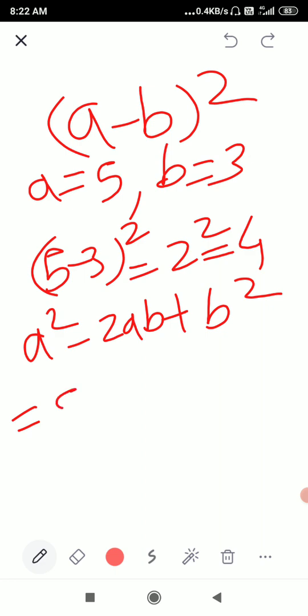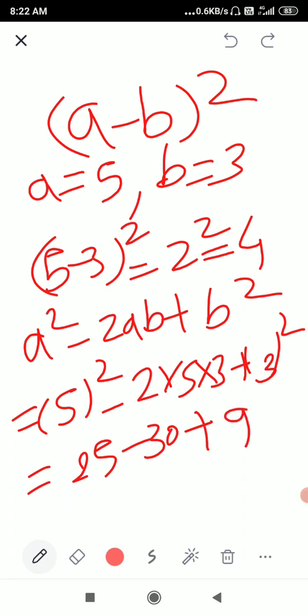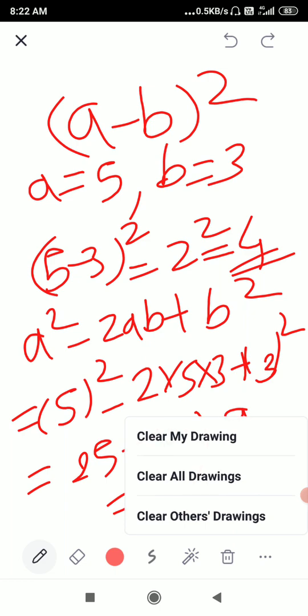So a square means 5 square, minus 2ab means 5 into 3, plus b square means 3 square. This is 25 minus 30 plus 9, which is 4. So this is also correct for a minus b bracket square. Now by using this you have to solve practice set 50.